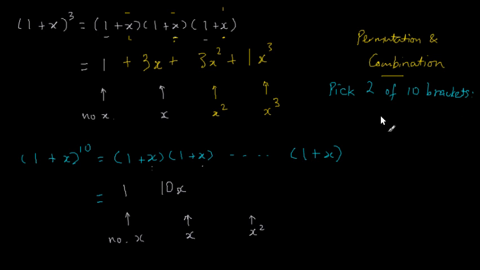Now the formula is this. I have to take 10 factorial and divide that by 2 factorial and 10 minus 2 factorial.